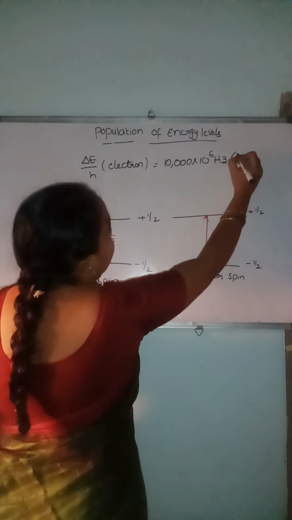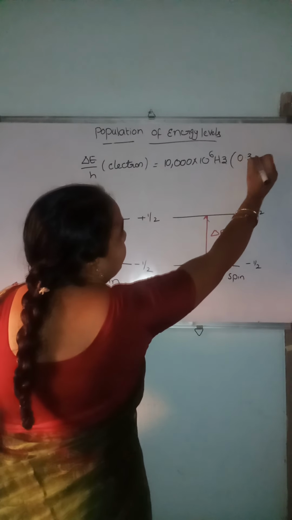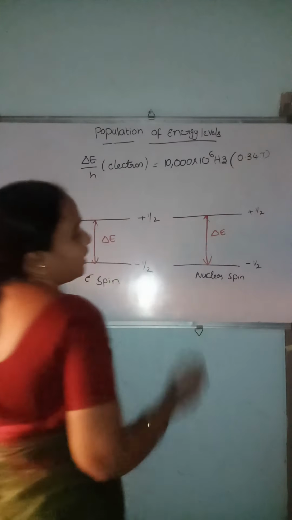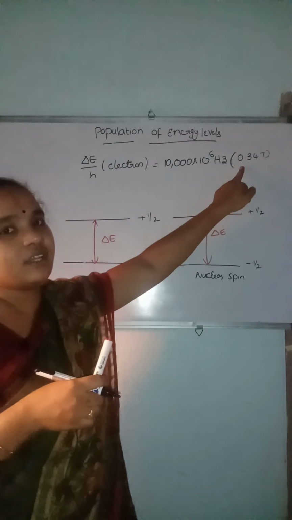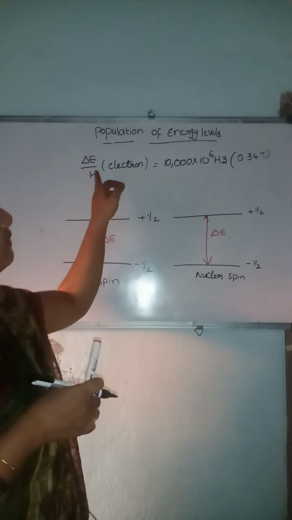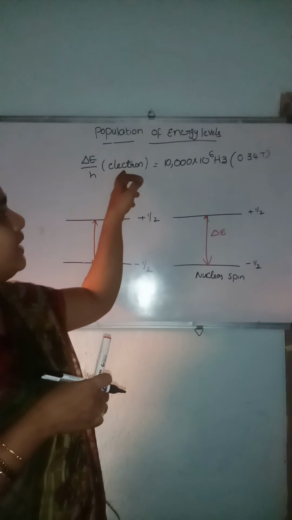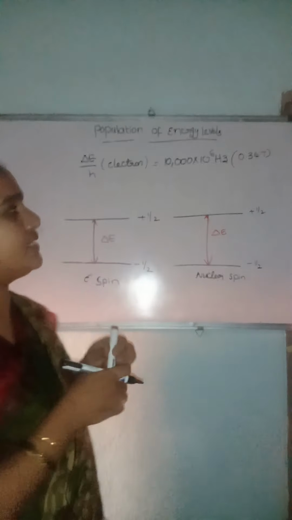With an external field of 0.34 Tesla, delta E by h, the frequency of the emitted radiation, is 10,000 into 10 power 6 Hertz.